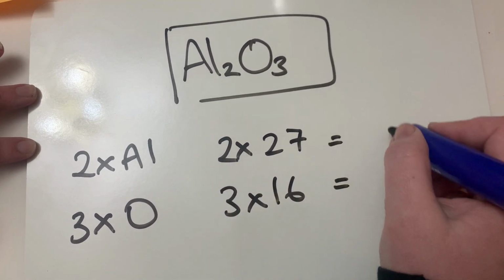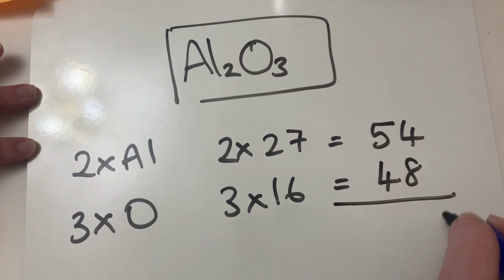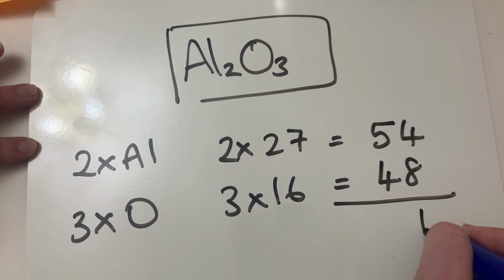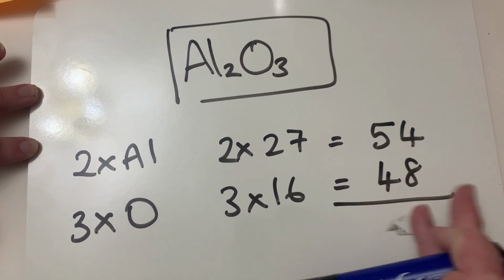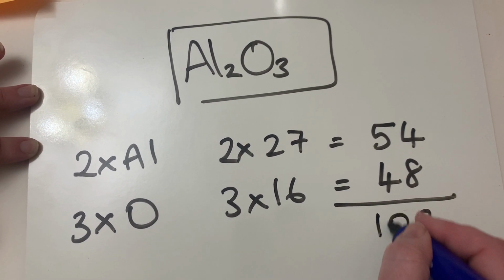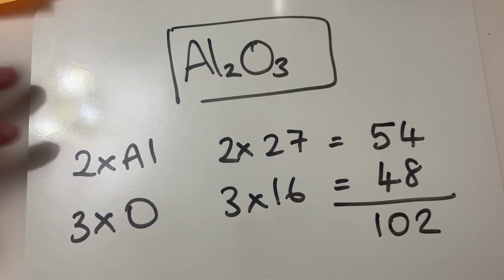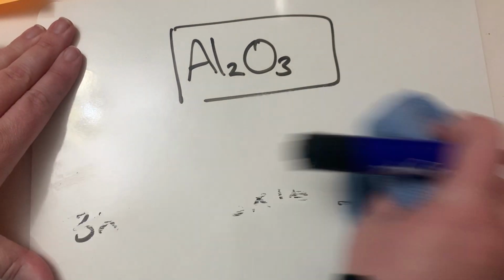So 2 times 27 is 54. 3 times 16 is 48. We add those together and we get 102. So the relative formula mass of aluminium oxide is 102. Hopefully you're following me so far.